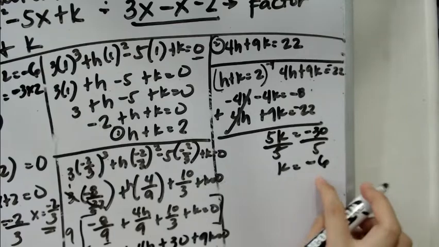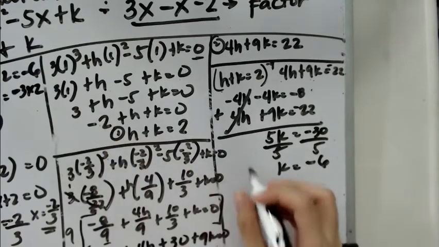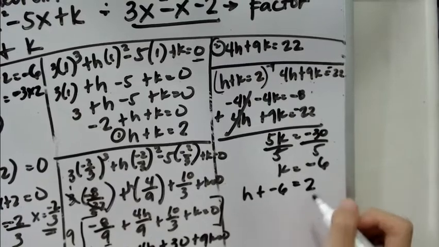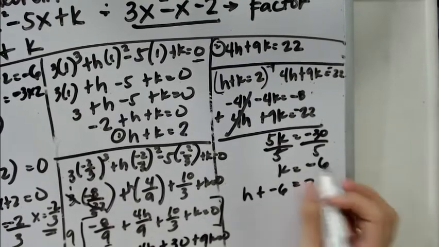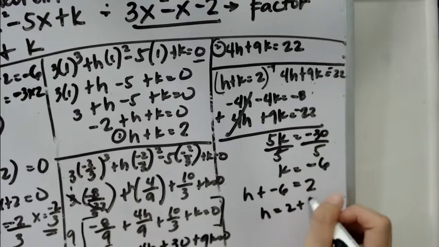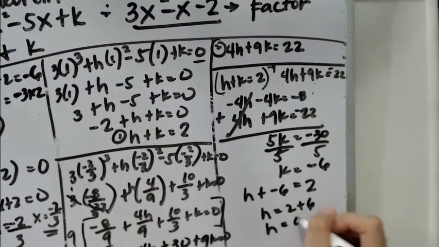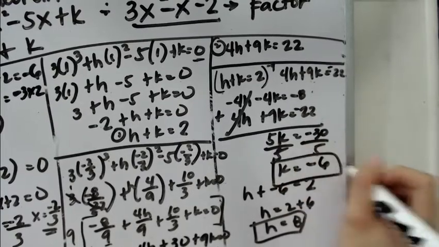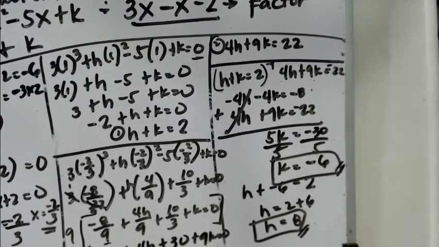If k is negative 6, I will go back to the first equation, h plus negative 6, which is the value of k, is equals to 2. Transposing negative 6 to the other side, we have here 2 plus 6, and h will be 8. The value of k and h will be negative 6 and 8. That's all for this video. Thank you.